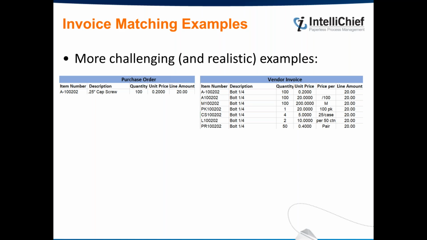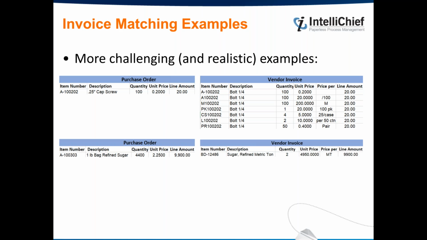It's a quantity of 100. They sell it in cases. It's per carton, it's packs, whatever that is. Here's another example. I ordered 1 pound bags of refined sugar. I ordered 4,400, and they sell it in metric tons. So I send a PO for 4,400 pounds, and they send me an invoice for metric tons.